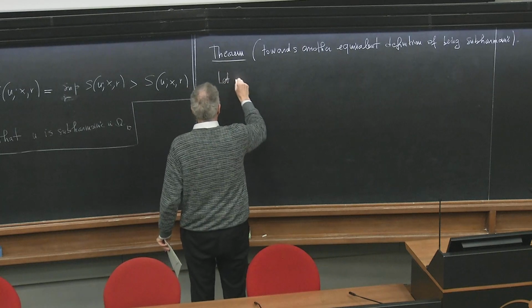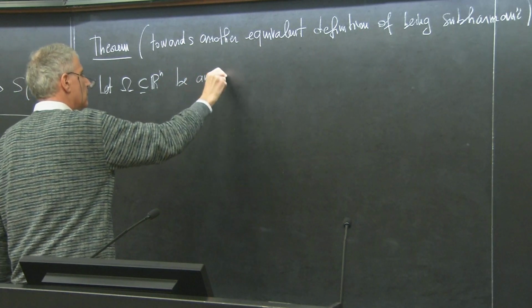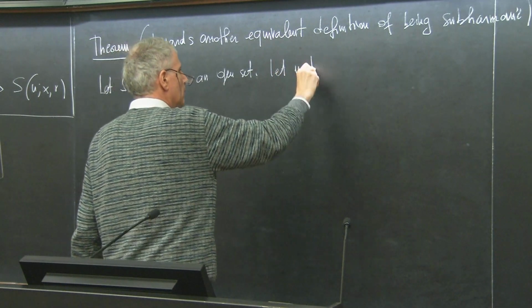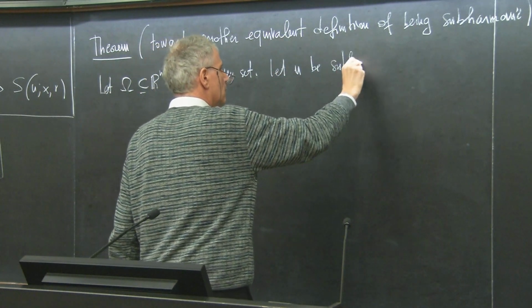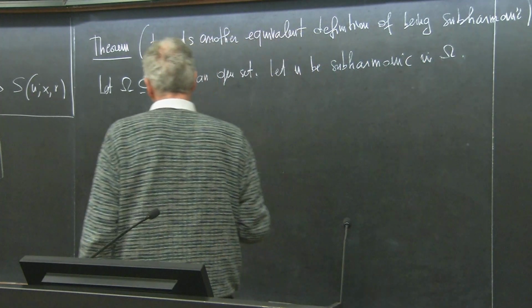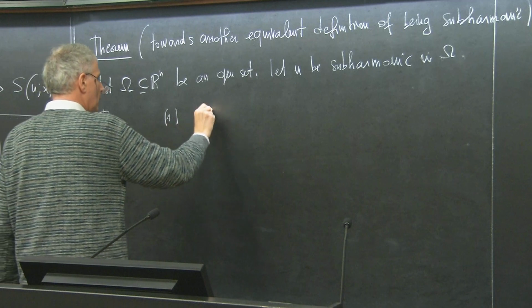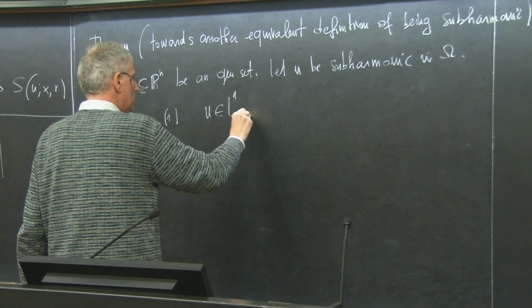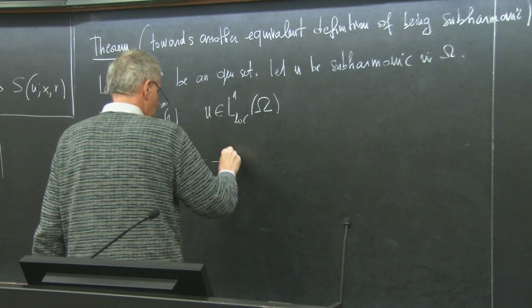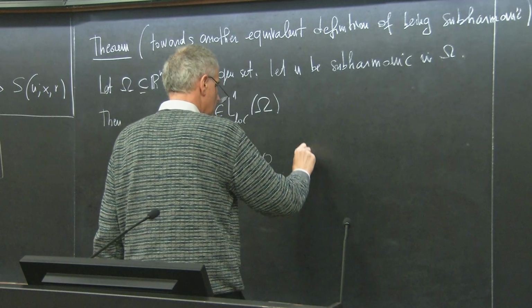So let omega be an open set. Let u be subharmonic, then u is in L1 loc, and minus Laplacian of u is less than or equal to 0.